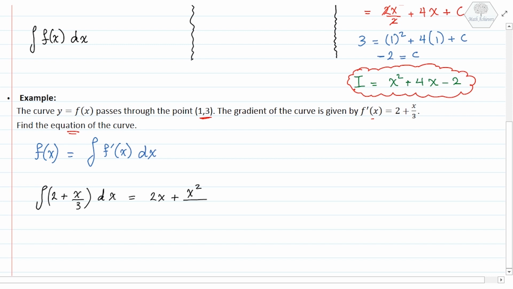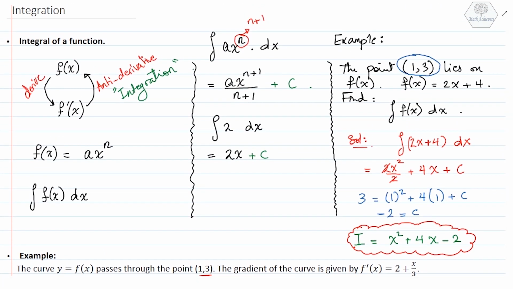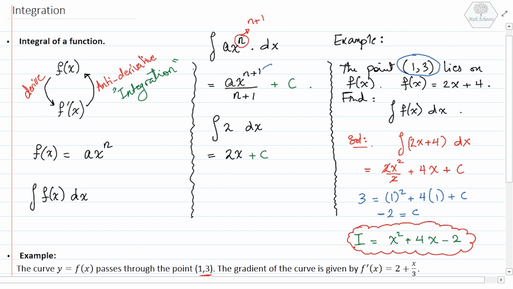I have the 3 here, and I multiply by 2 because I add n plus 1, I divide over n plus 1, so this is times 2. Exactly as we've seen before. We add here the n plus 1, and we also divide by the value of n plus 1.